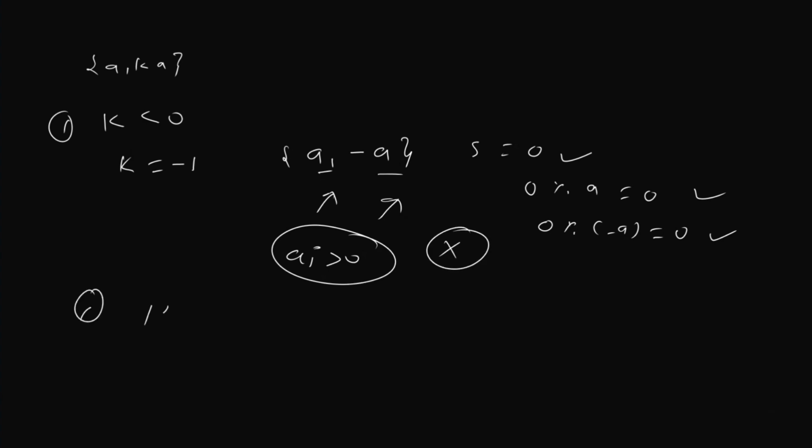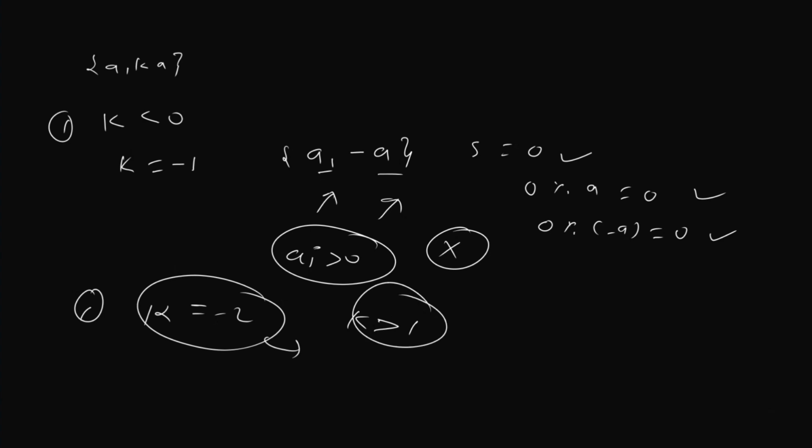And k equals -2, this would apply the same thing as when we had k greater than 1. So here as well, let's have an example. Like a, -2a, and the sum would become -a, and when we divide it, it is divisible by a, but -a is not divisible by -2a.